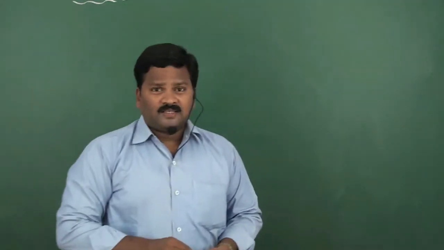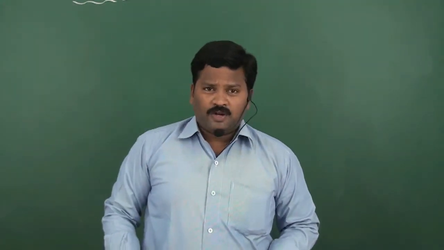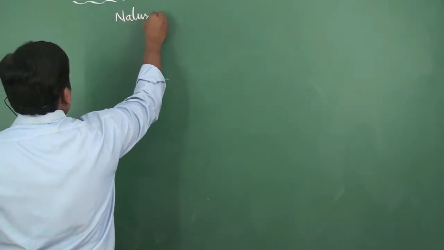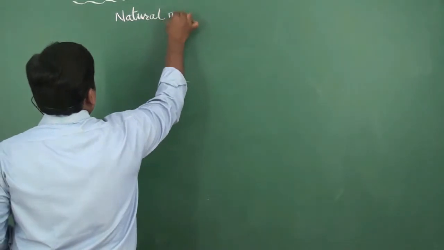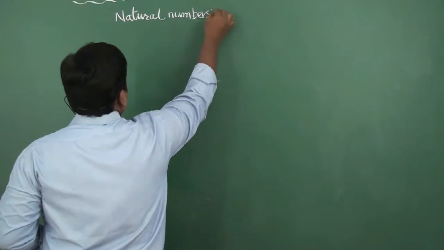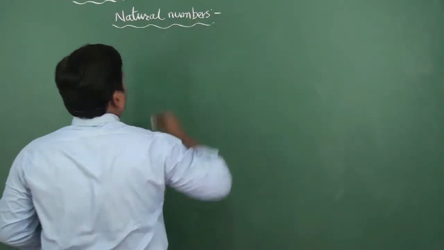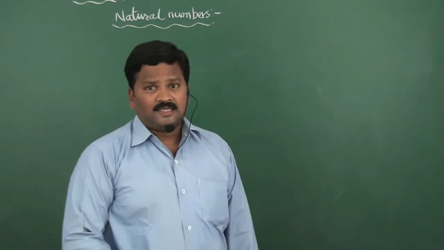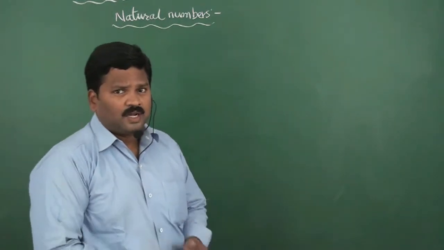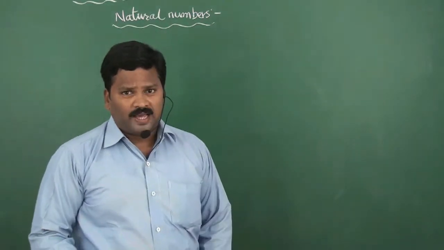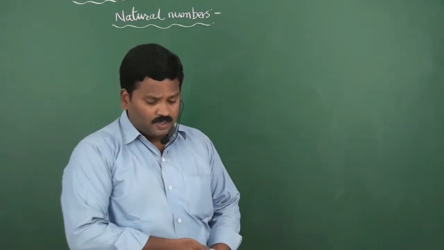Now, let us see the types of numbers. Let us learn first about natural numbers. These natural numbers are also called counting numbers.